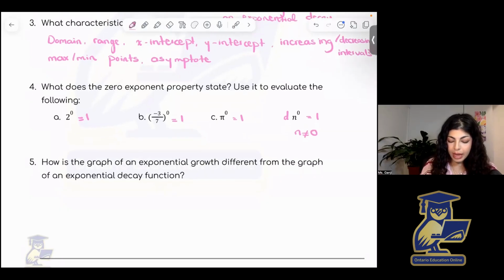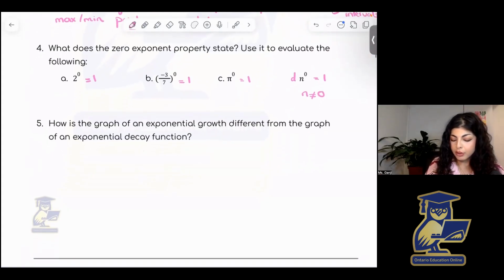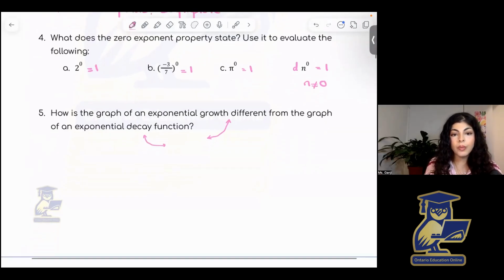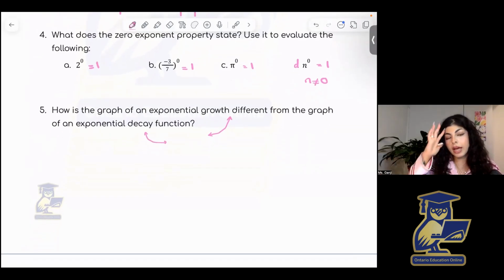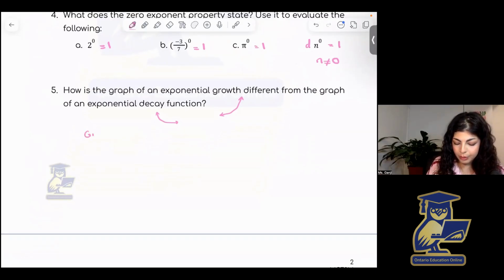And finally, how is the graph of an exponential growth different from the graph of the exponential decay function? Remember with the exponential growth, we have something like this, whereas with the exponential decay, we have something like this. There's several things you can mention here. You can say growth for the exponential growth, and then for the decay.